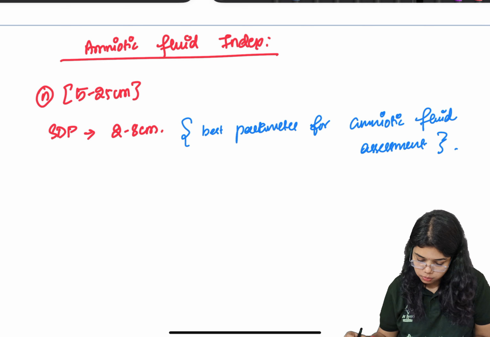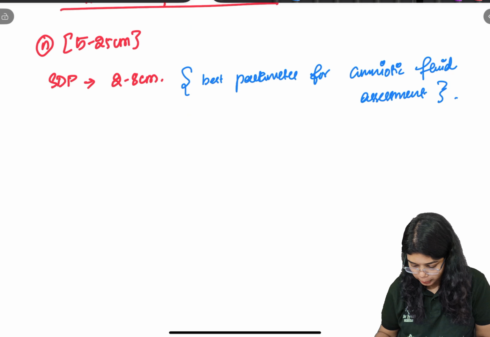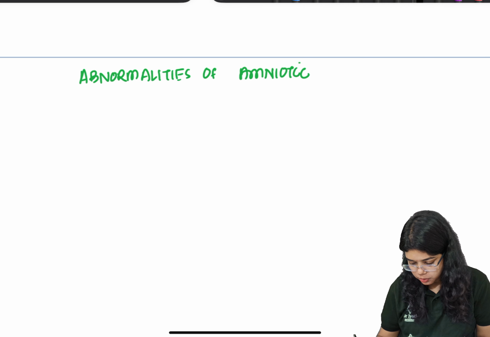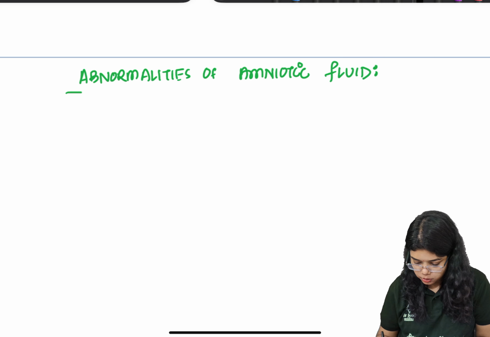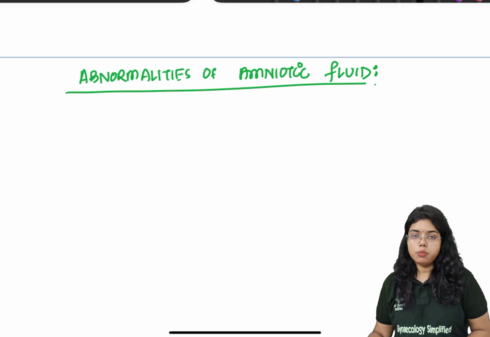Then what about the abnormalities of amniotic fluid? See, abnormalities means oligohydramnios or polyhydramnios.